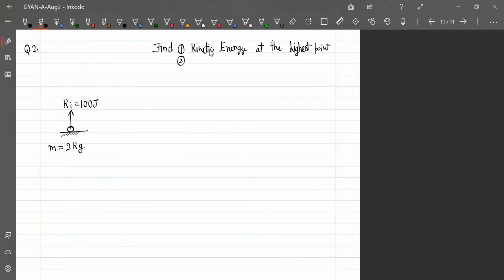Then find the work done by gravity when the ball reaches the highest point.